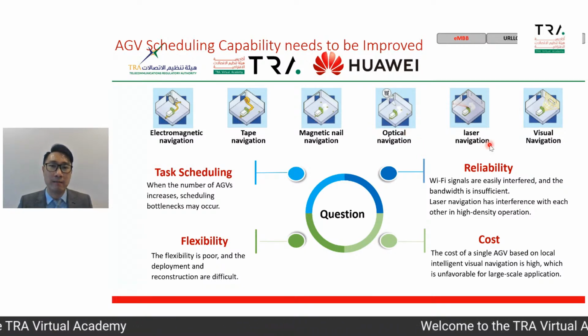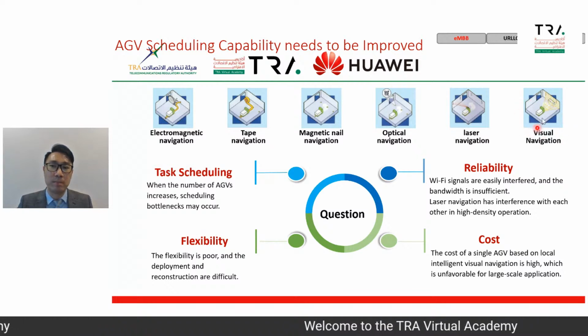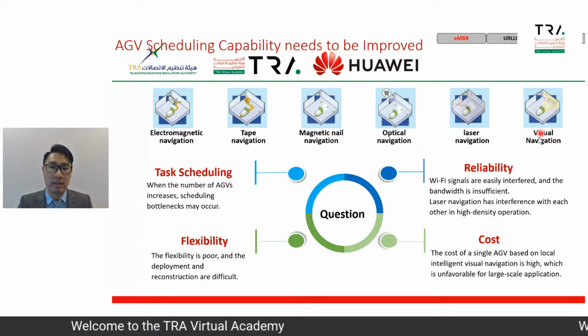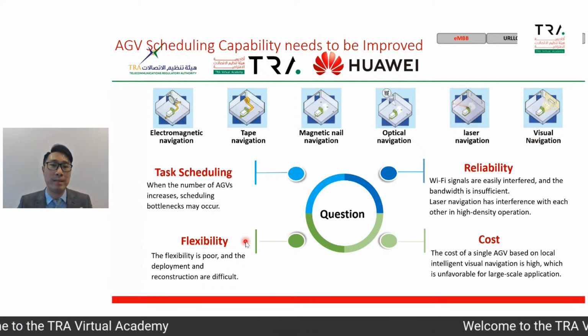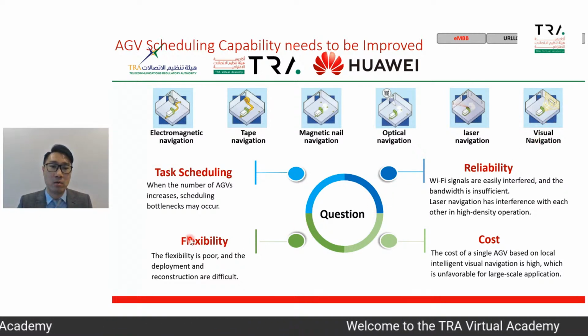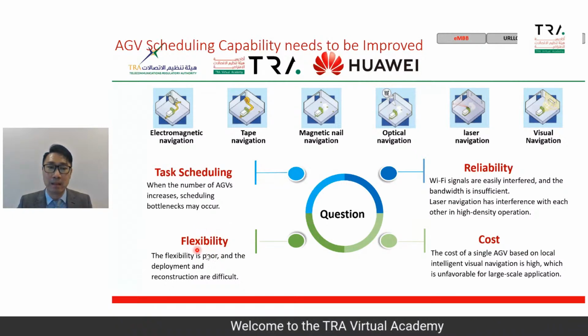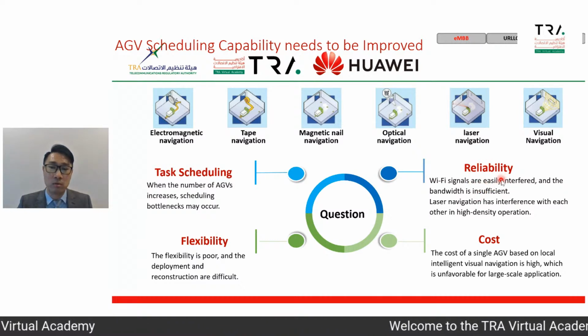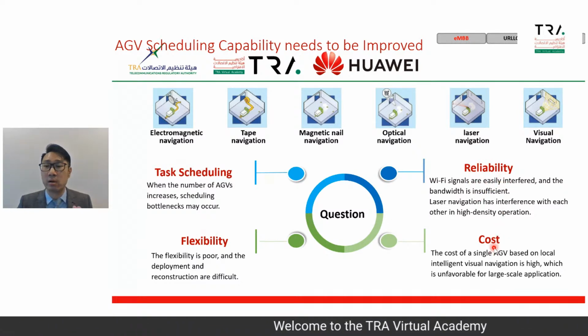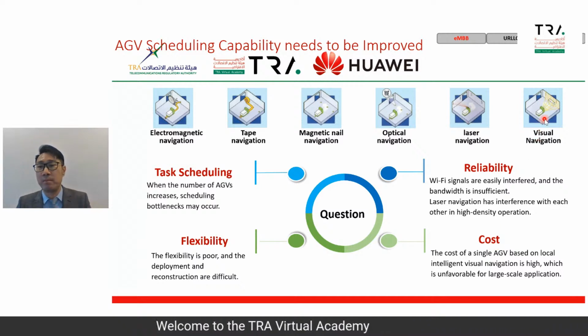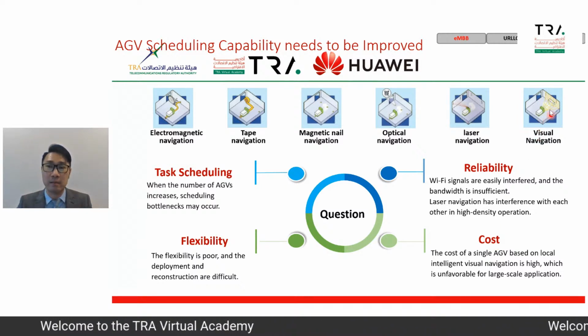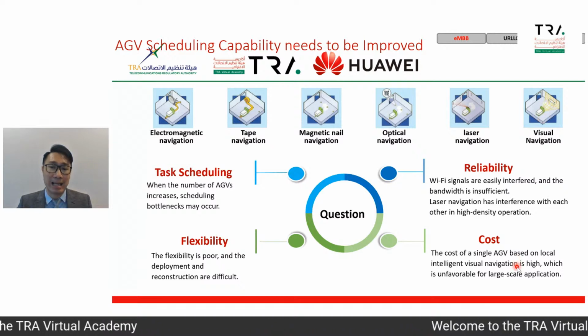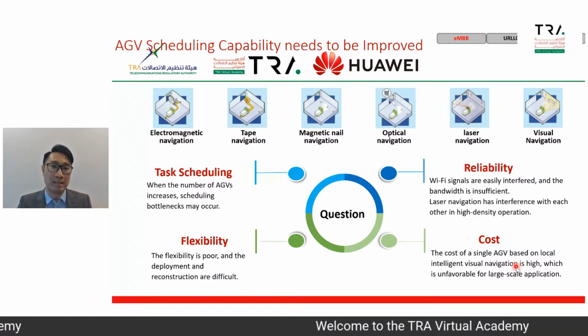And by using the 5G, we are able to deploy visual navigation. When you have the visual navigation, all the processing will be done at the MEC server. So you have the flexibility advantage. More AGVs can be scheduled. You can ensure the reliability also. And you can reduce the cost, because if the image is processed at the MEC server, a single AGV does not need to process the data.